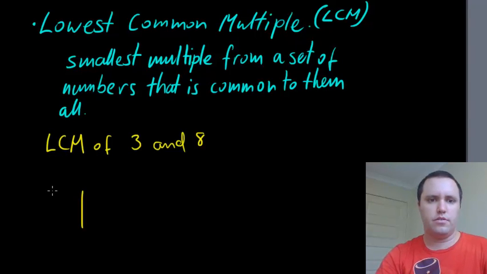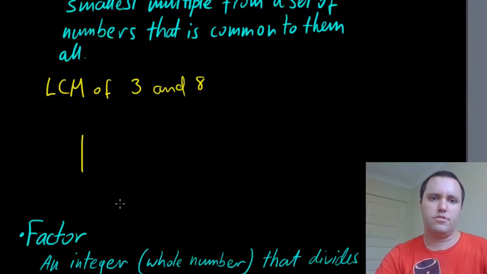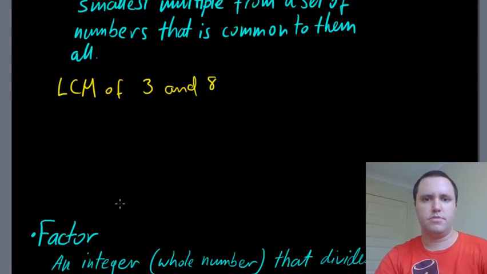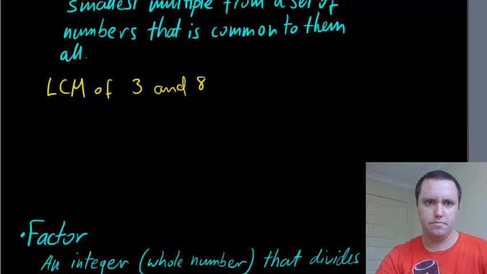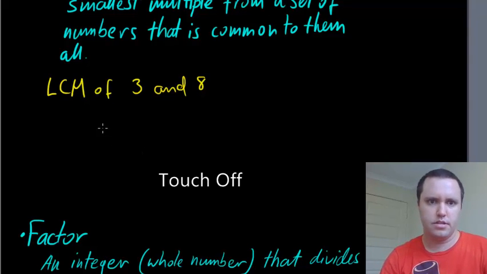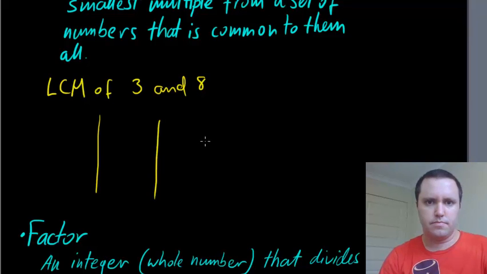So let's do it in columns, eh? So we've got 3 and 8, and multiplying by 1, by 2, by 3, by 4, by 5.